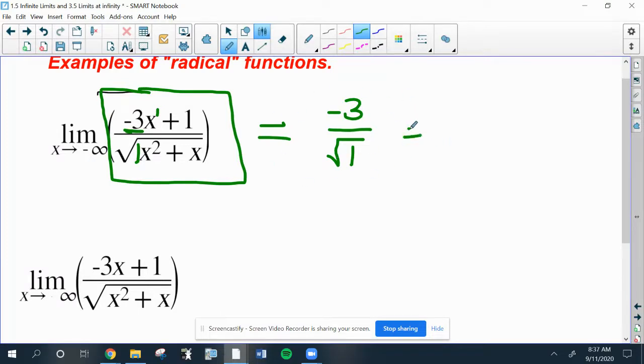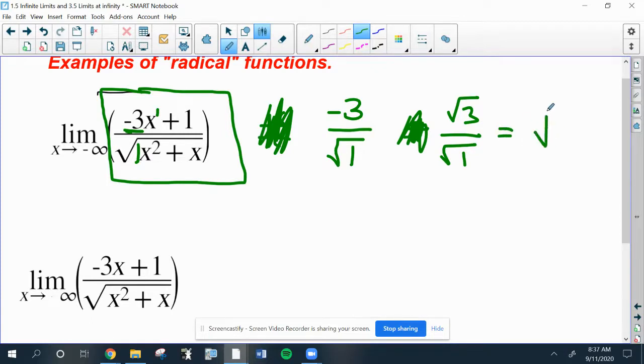So instead of negative 3 over square root of 1, it's positive 3 over square root of 1. I should not have this equal sign here because they're not equal yet until we figure this out. The square root of 1 is 1, so we have 3. So now I can say this limit equals 3.